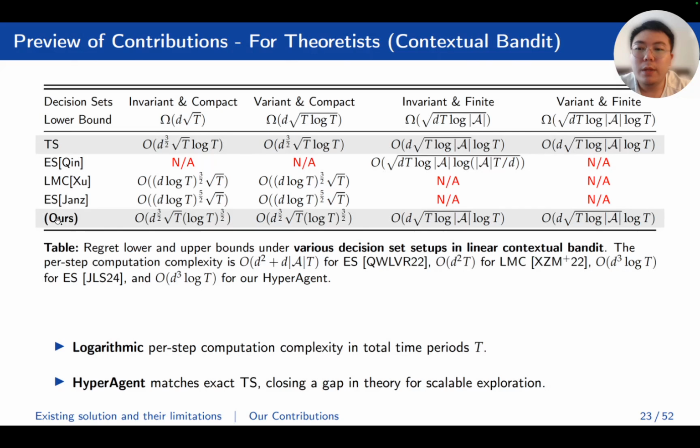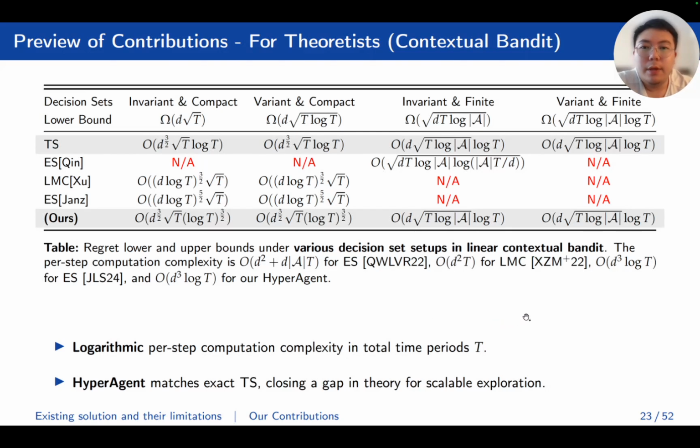And our method only scales logarithmically in T. So this is an exponential improvement in the linear contextual benchmarks. And also for the regret bound, it matches the exact Thompson sampling. So this is a significant advancement that closes the gap in the theory for scalable and randomized exploration.